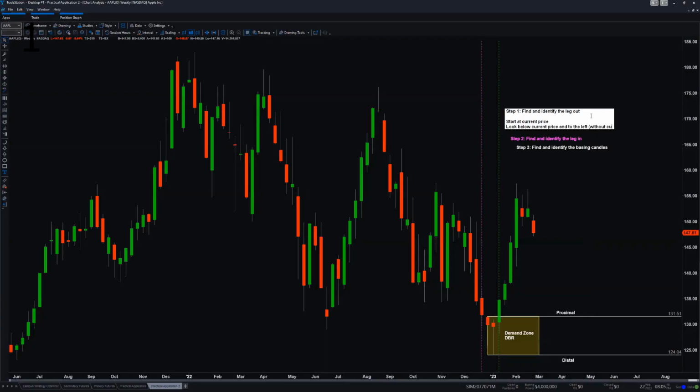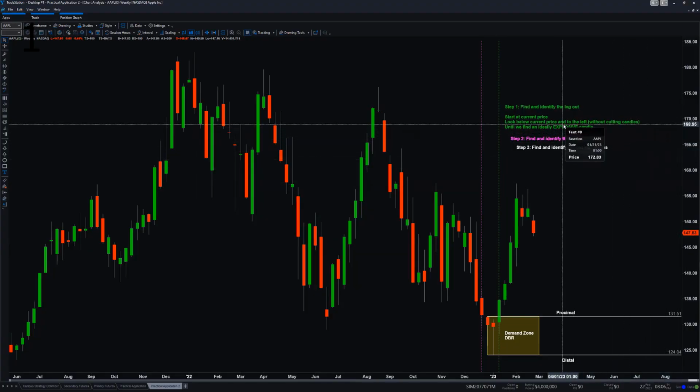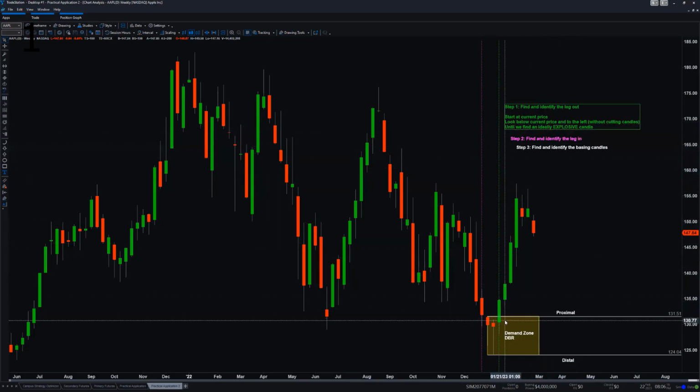Important, without cutting candles. We travel along the entire candles from body to wicks, always going horizontally until we find, ideally, an explosive candle.